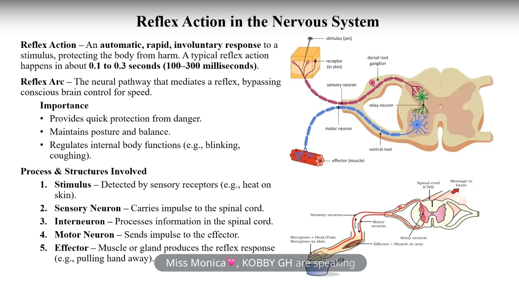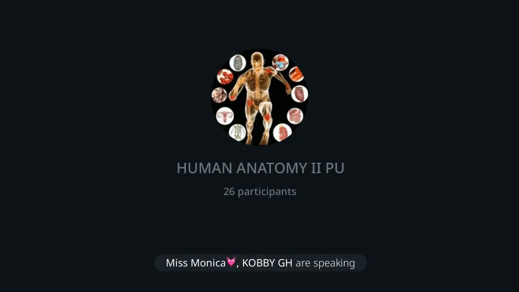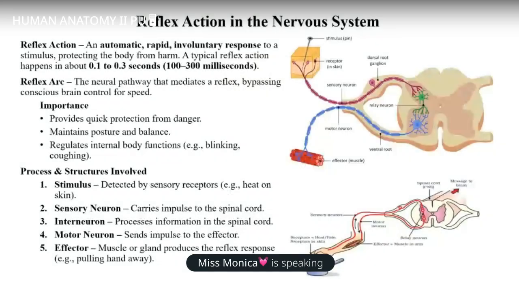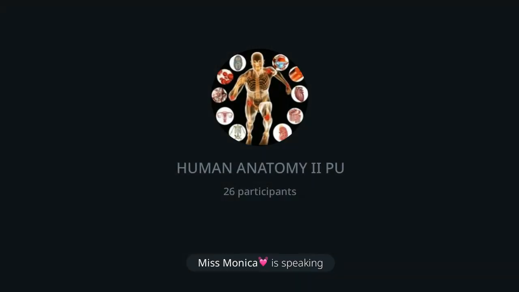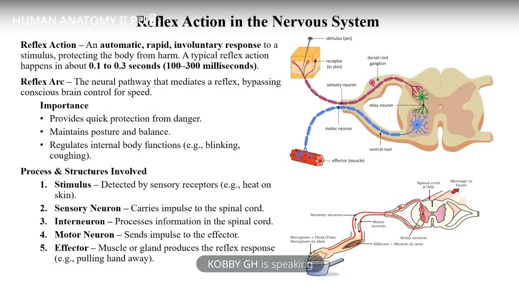First, the stimulus is detected by the sensory receptors. Excellent. Good. Then the receptors will send the information to the sensory neurons. Yes, that is right. Continue.